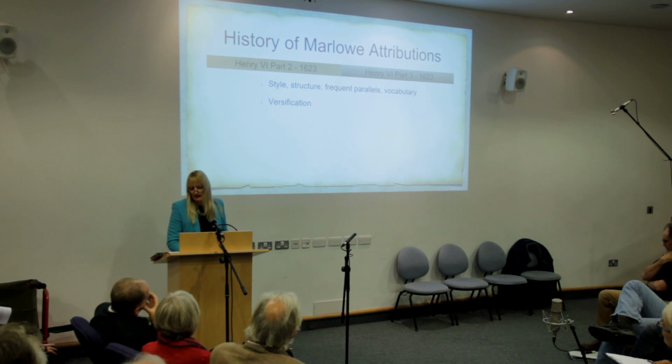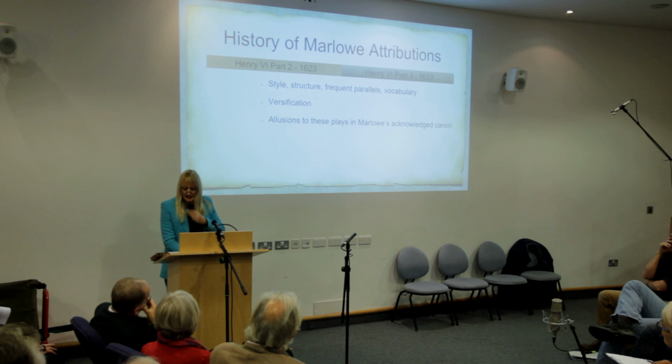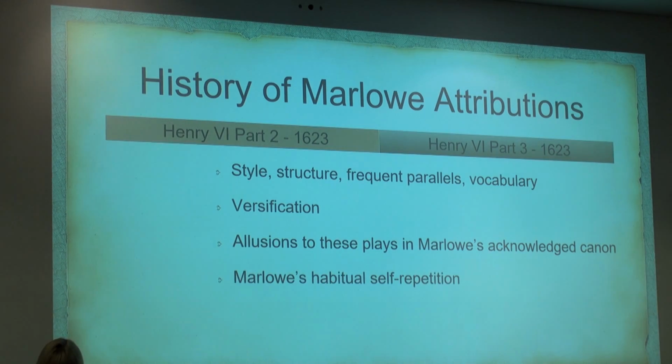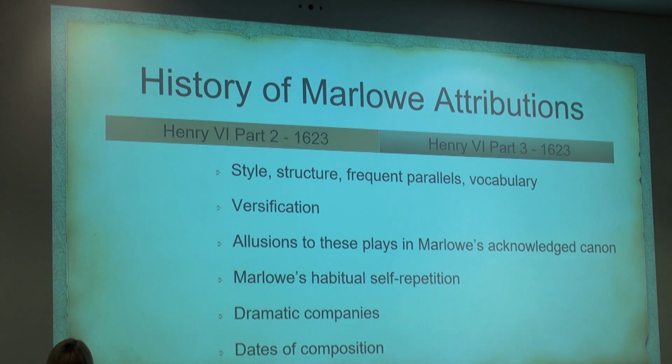The appearance of Marlowe's habitual self-repetition, the dramatic companies known to have produced the plays, and the general probability arising from the dates at which the plays seem to have been written.